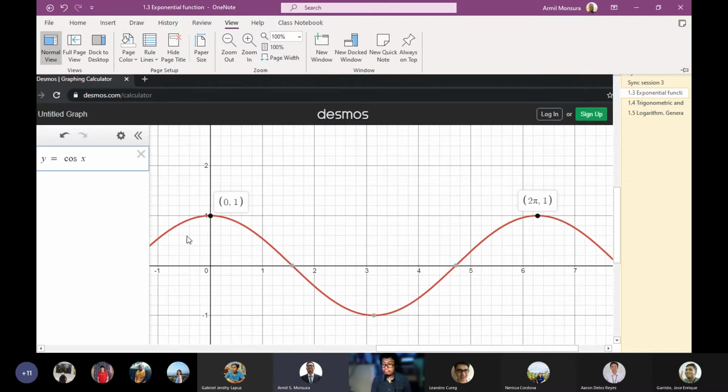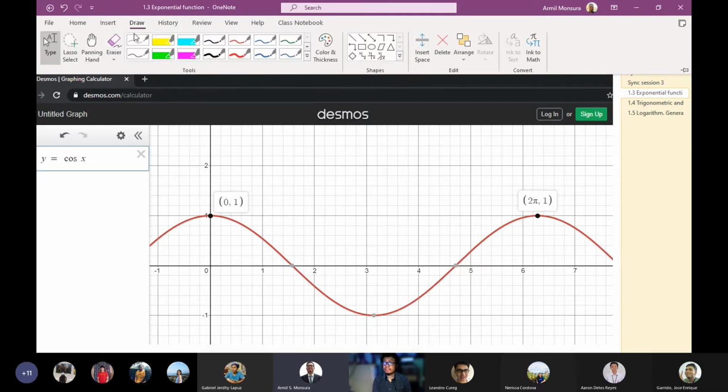So this is what I mean by a function is periodic.